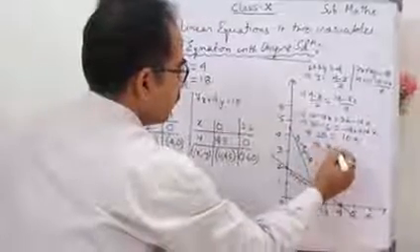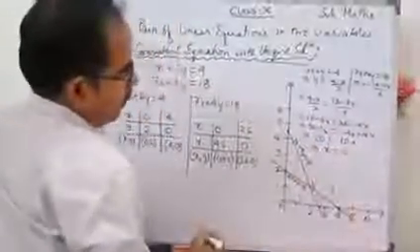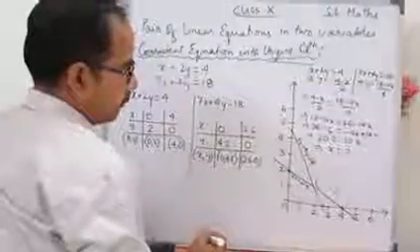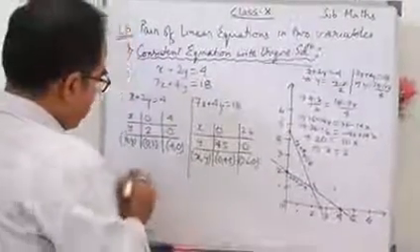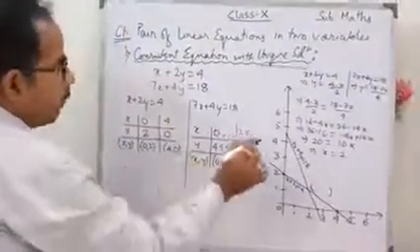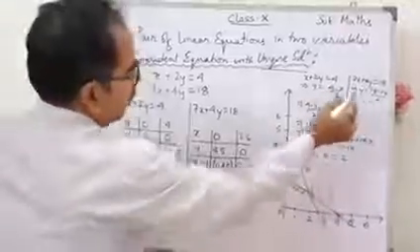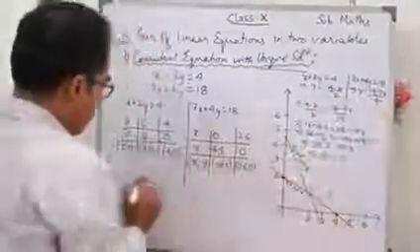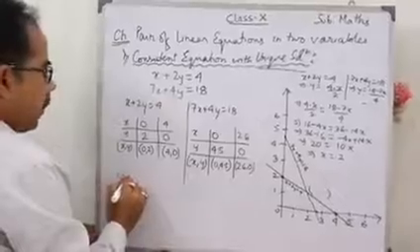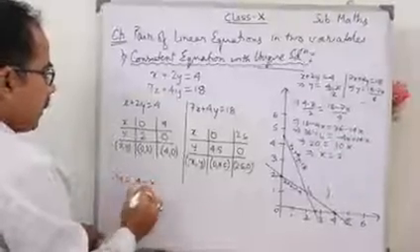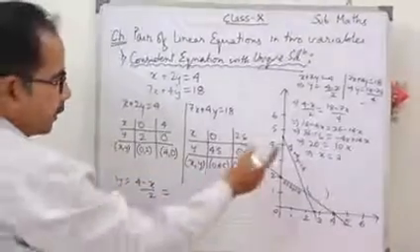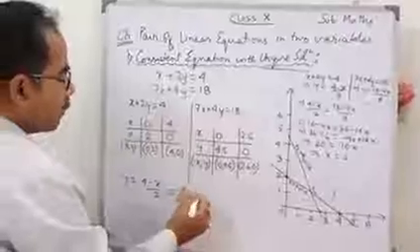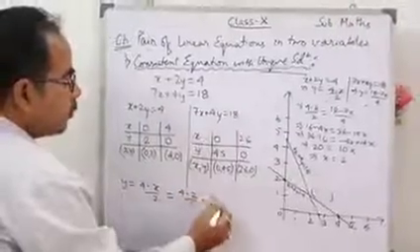So x equal to 2. Correct? x equal to 2. So now put the value of x in any expression, either this one or this one. In any one, if you put, no problem, the first one I have taken, y equal to 4 minus x by 2. If I put x equal to 2 there, so 4 minus 2 by 2, that is 2 by 2, that is equal to 1.